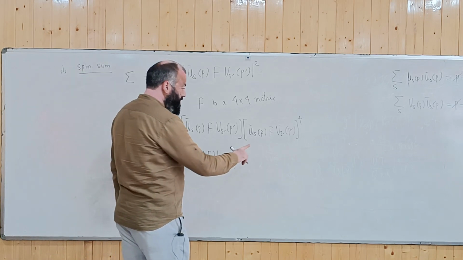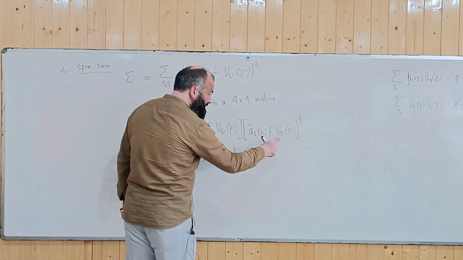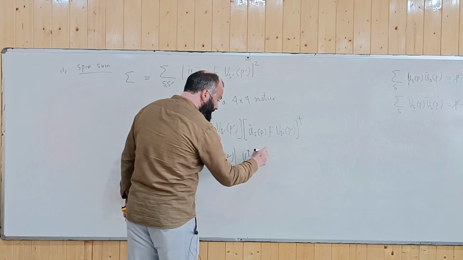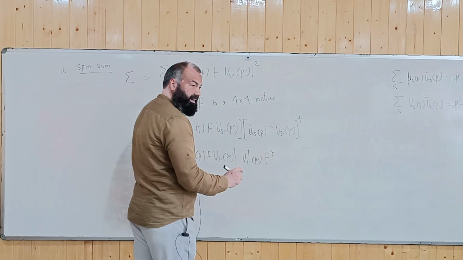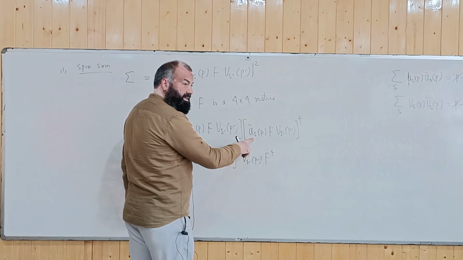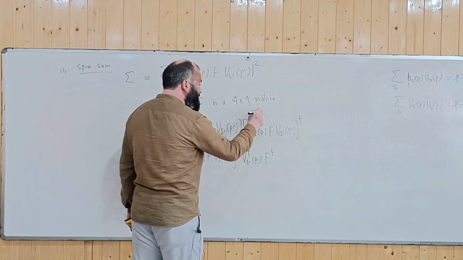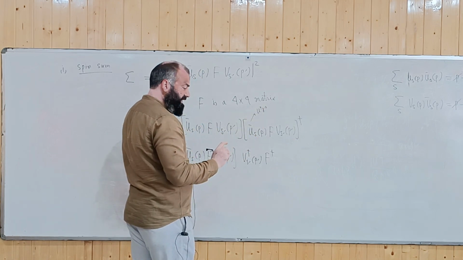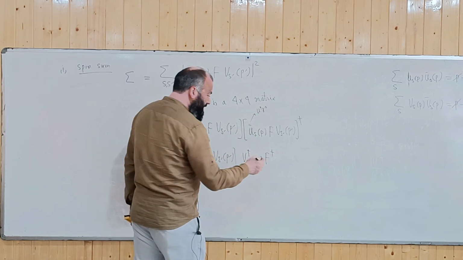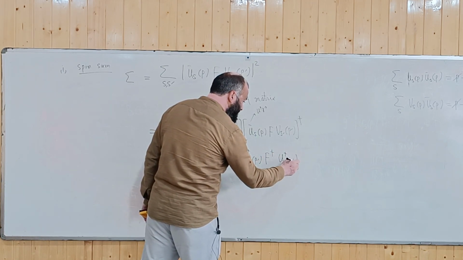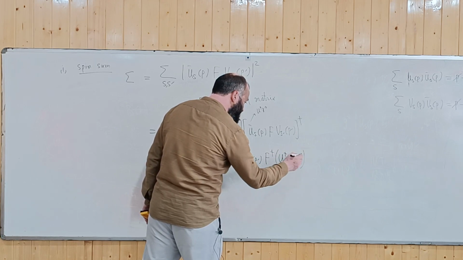What does this conjugate mean? It means the dagger of this thing. So v dagger_s'(p'), then the dagger of F, then the dagger of ubar. What is ubar actually? This ubar is actually u dagger gamma naught. So I will write it this way: u dagger_s(p), and then gamma naught, its dagger.